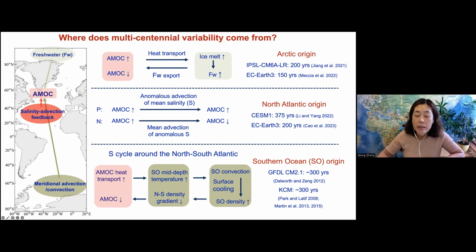The salinity anomaly in the Southern Ocean will gradually propagate northward, and its travel time is about 150 or 200 years. This was presented already maybe 10 or 20 years ago. And then recently, there's the IPSL model and also our ECS model, but another group also proposed that it might be due to the Arctic sea ice.